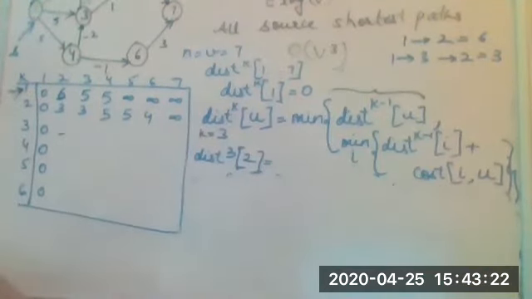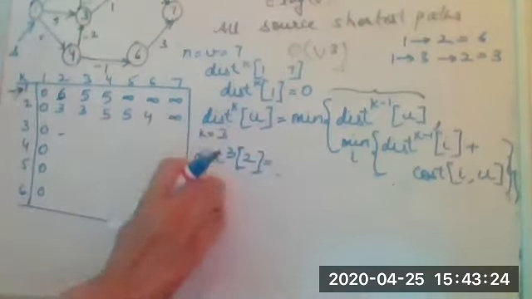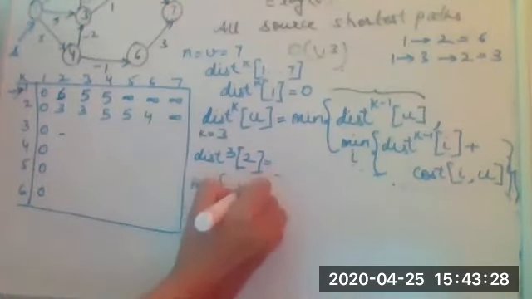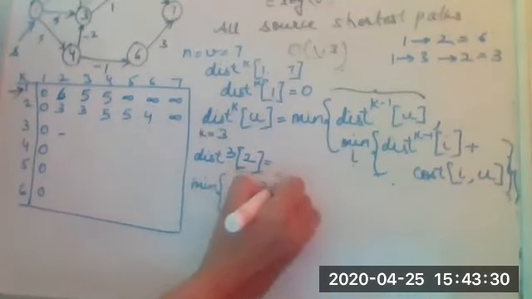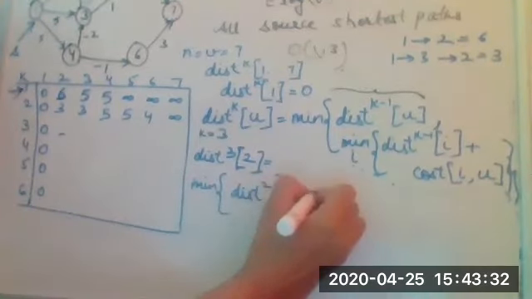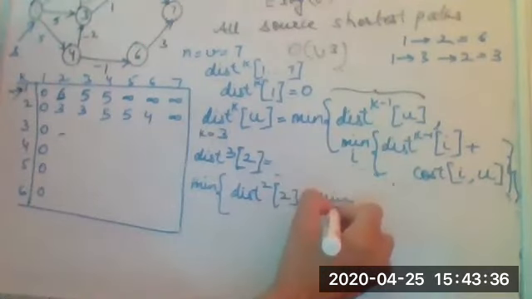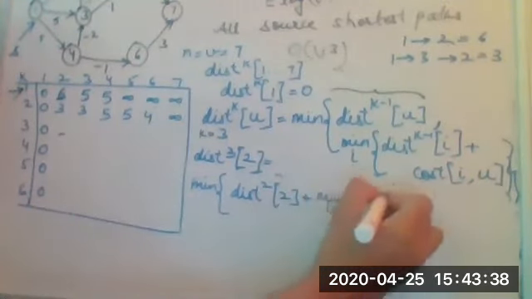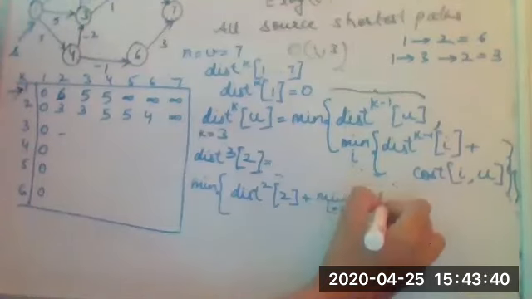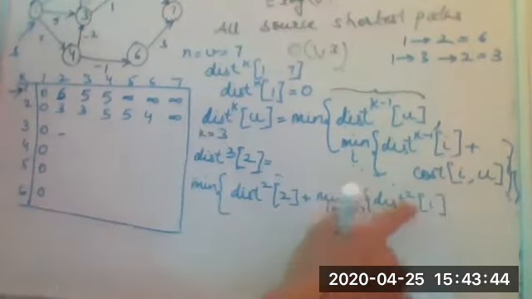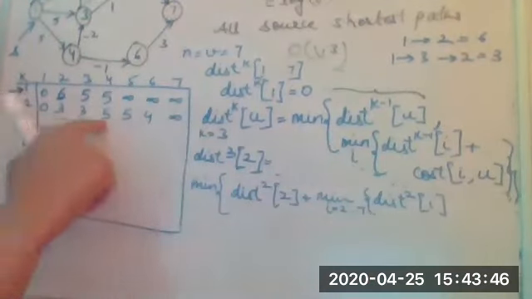Yes, so this is given as minimum of distance of 2 to 2 plus minimum of I, where I goes from 2 to 7, distance of 2I, so that means 2I means all these values.